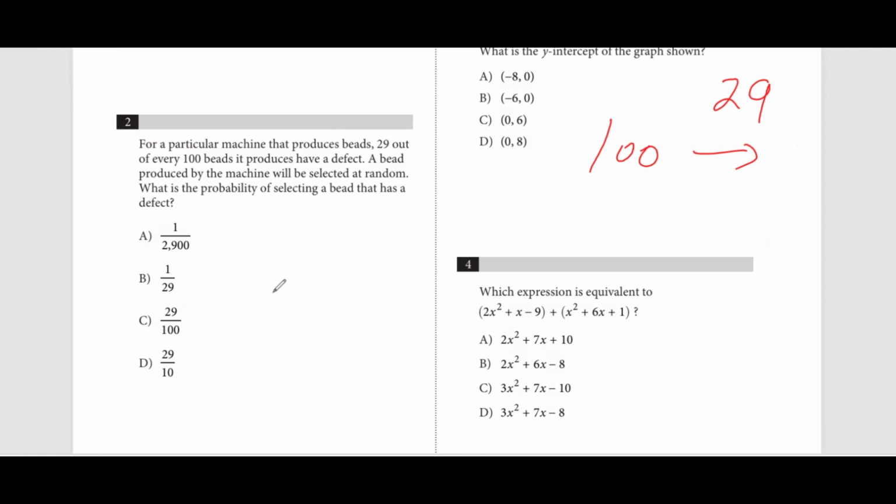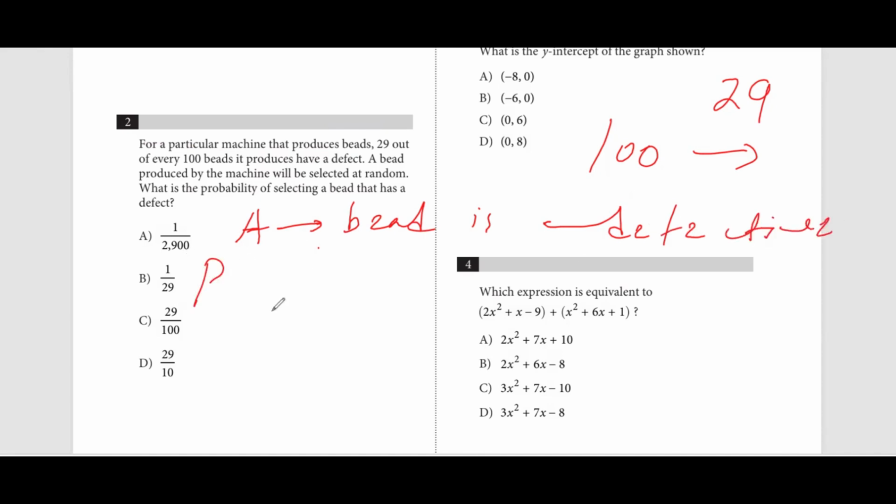Out of 100. Yes, out of 100. So the total we have been given is 100. So if A is an event that shows the bead is defective, then what would be the probability of A?